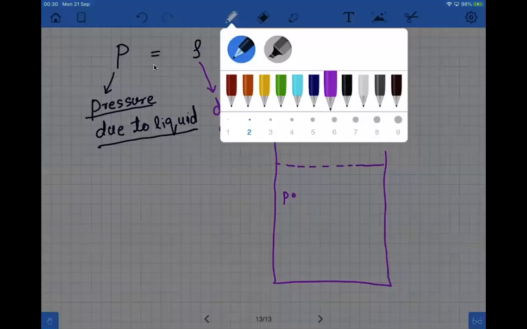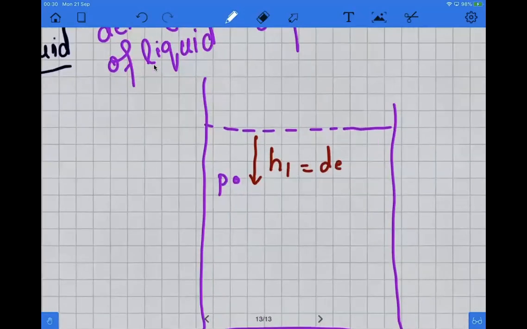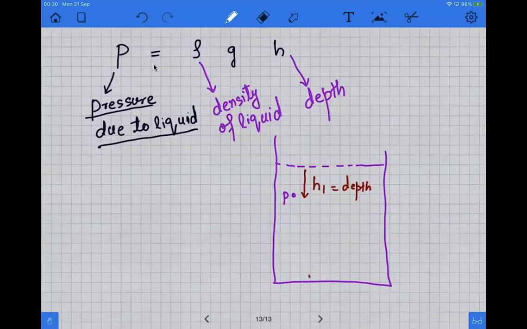then one important thing is that, for example, the depth is H1. We take depth from the surface, and height is taken from the bottom. This H2 is height. Now, students generally mix these two things.